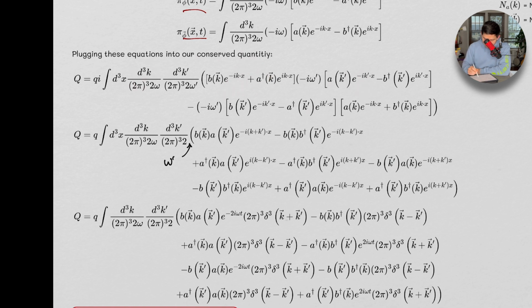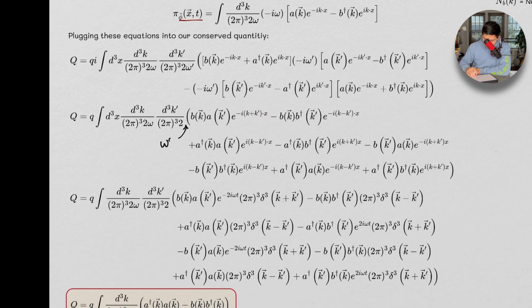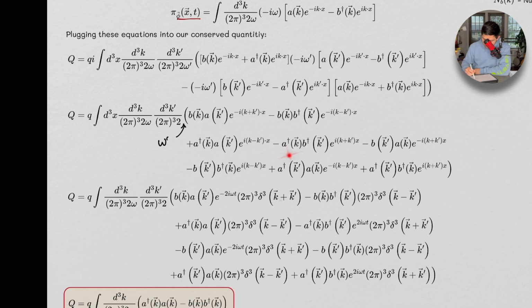We multiply everything out now, so we have B and A over k prime, k, right? So k prime plus k. And so we multiply all these out, we get all this.